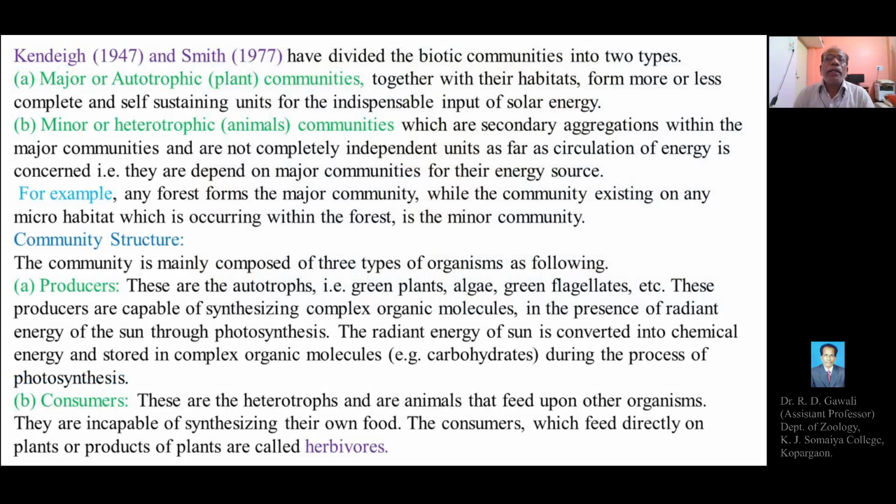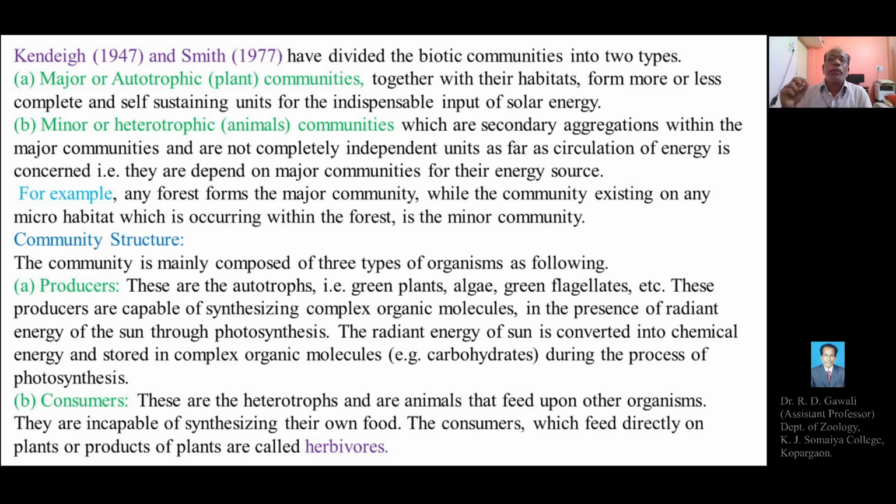The ecologists Kendeigh in 1947 and Smith in 1977 divided the biotic communities into two types. The first type is major, or autotrophic, which includes plants.